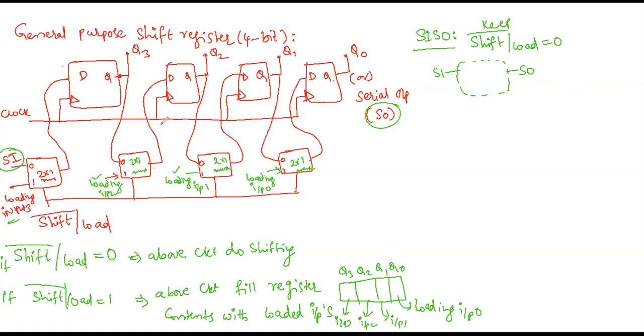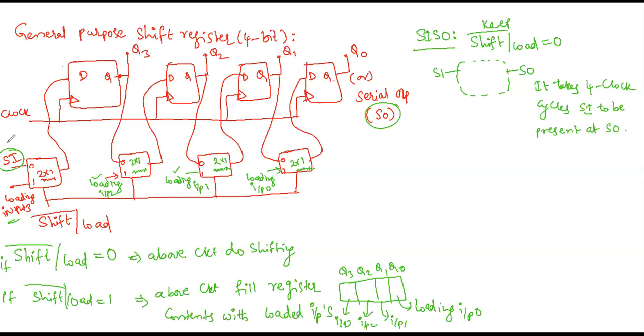For every clock pulse, the values will be shifted by 1 bit, and for the serial in value to be present at the serial out, it takes 4 clock cycles. Whatever value you give at serial in, that same value needs 4 clock cycles to be present at serial out.